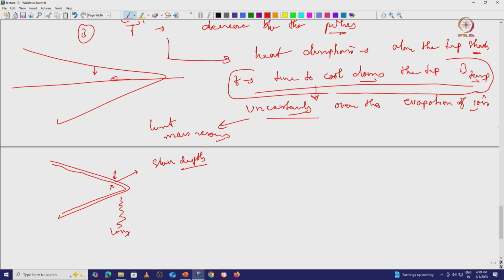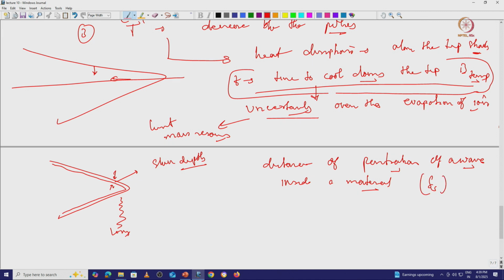We can say that this is the distance of penetration of a photon or the light wave inside a material. Okay, and this is called skin depth, delta S, correct.